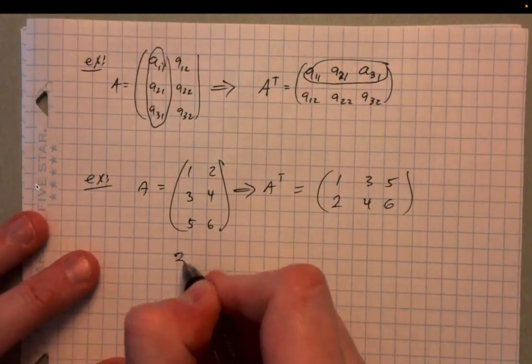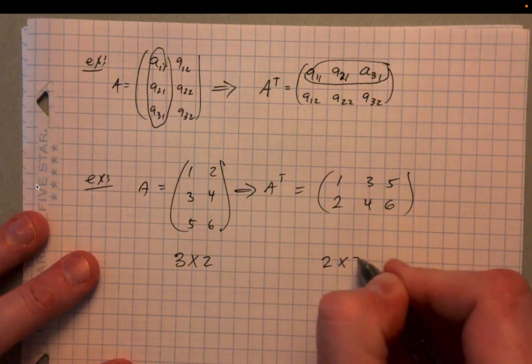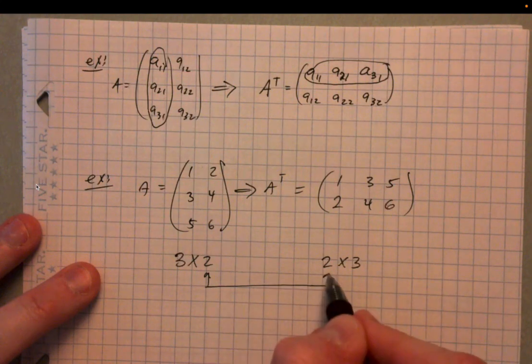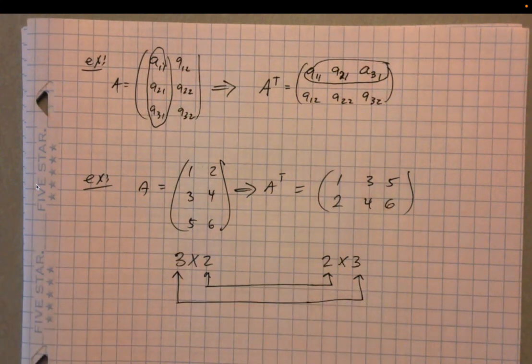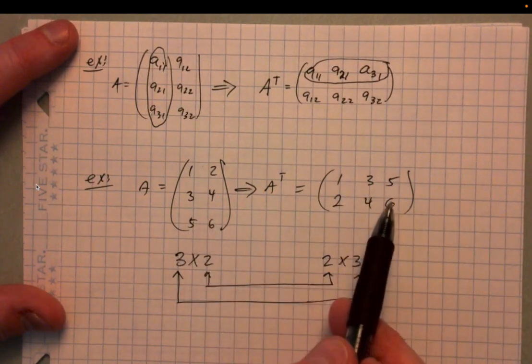Notice this is a 3 by 2, and its transpose is a 2 by 3. So these guys change places in the transpose. The transpose changes the rows of A into the columns of its transpose. So 1, 2 become 1, 2; 3, 4 become 3, 4; 5, 6 become 5, 6.